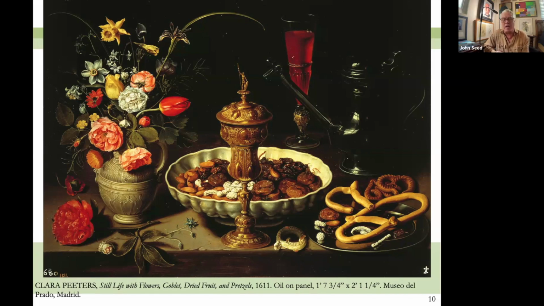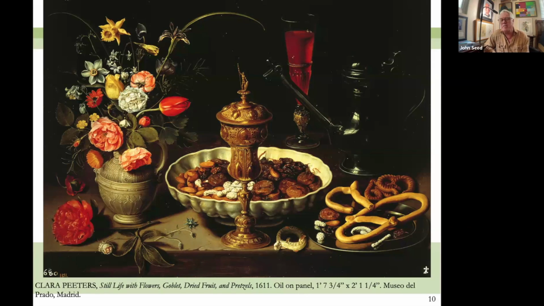In the flowers, we have spring and rebirth and freshness. In the dried fruit and the pretzels, we have something closer to daily life. And then we have that splendid goblet with the red wine behind all of it that says to me, I think there's still a hint of communion in this otherwise secular painting.